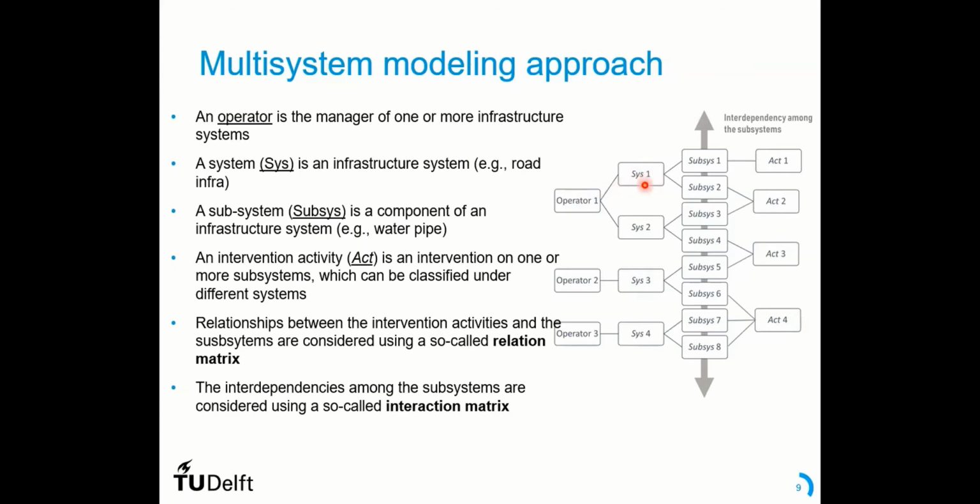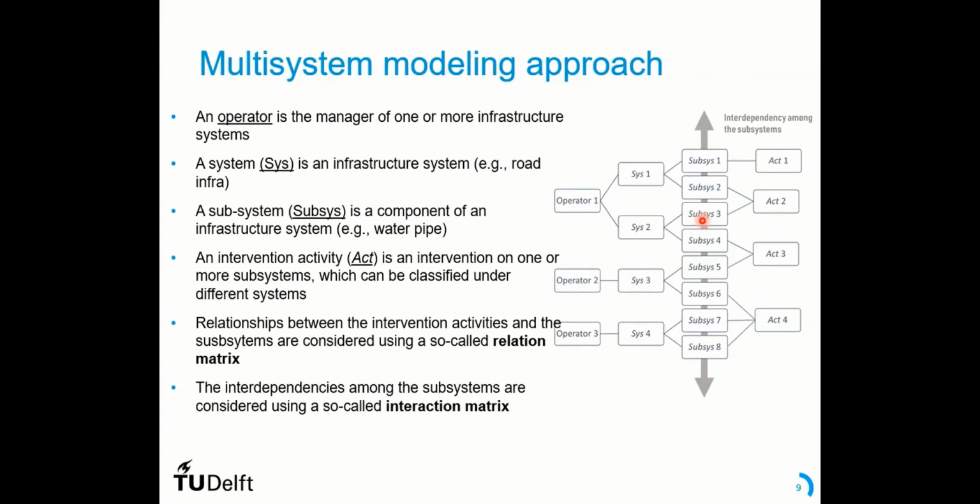And every infrastructure system is divided into components or subsystems. So for example, this is a water pipe, this is a pump, this is a road section, and so on. So an item, an entity that can be treated separately, for example maintained separately.